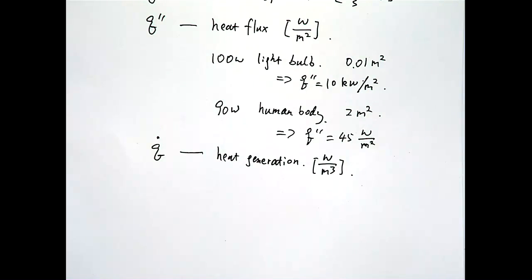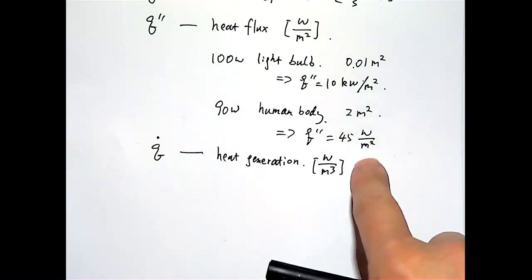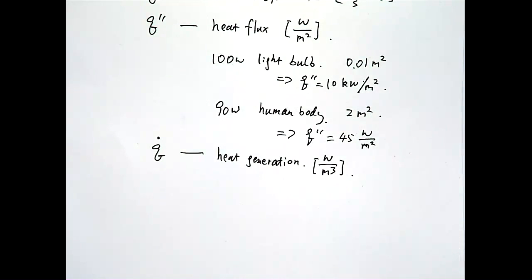For example, in a certain solid there is a chemical reaction or nuclear reaction happening, and it can generate a lot of heat. So that's watts per cubic meter.